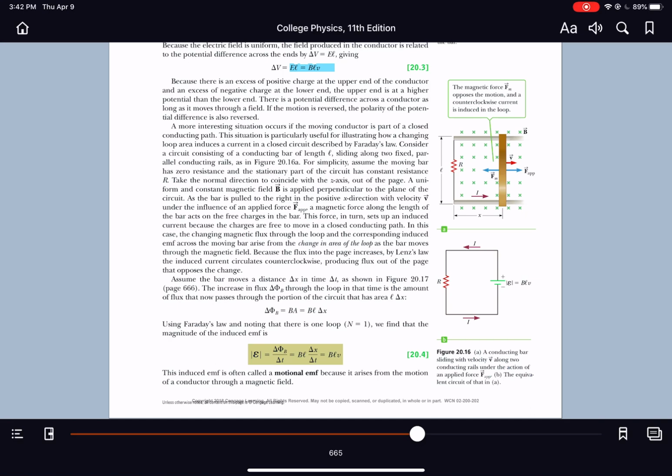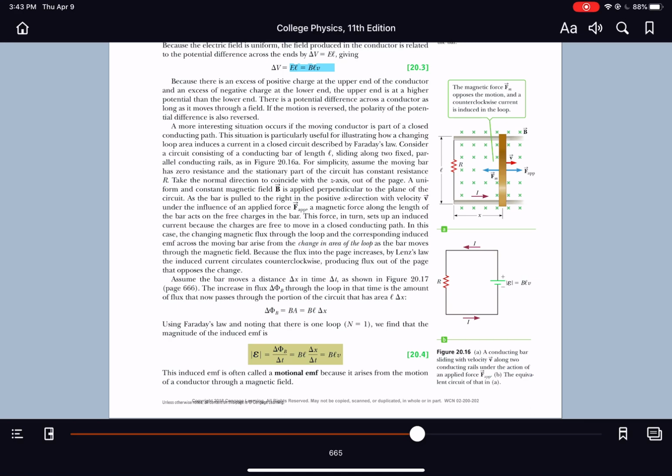Now, in this particular illustration, we're going to imagine that we're sliding the metal bar in brown on the two metal rails towards the right. As a result of doing that, the area bounded by the wire with the resistor in it, the two metal rails, and the brown metal bar is going to get bigger and bigger, meaning it's going to be encompassing more and more green X's, more and more magnetic flux lines going into the page.